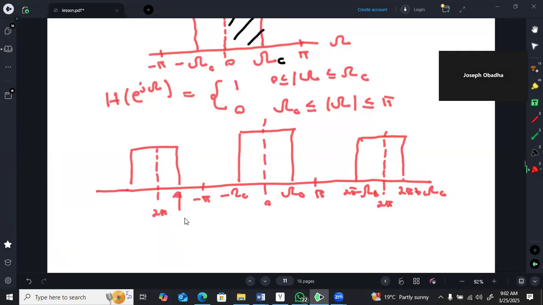Well, this is given by 2 pi plus omega c, minus 2 pi plus omega c, minus 2 pi minus omega c. Omega always in capital. So it's periodic. The filter response would be periodic.